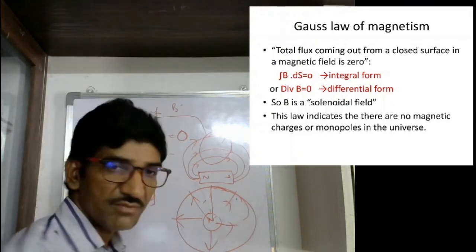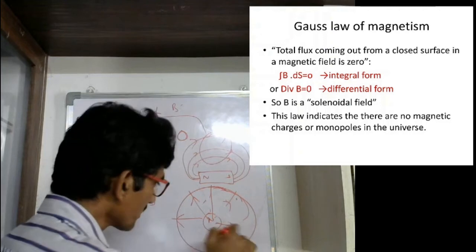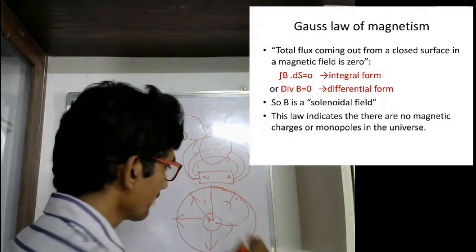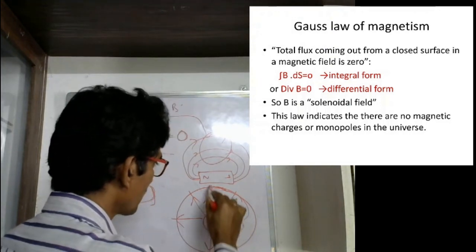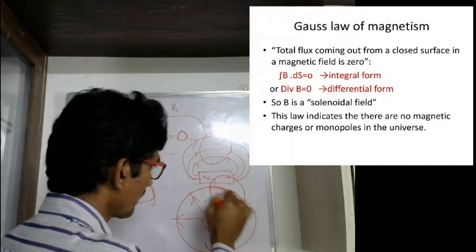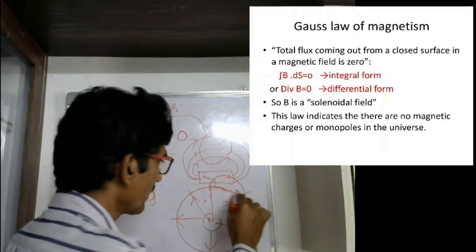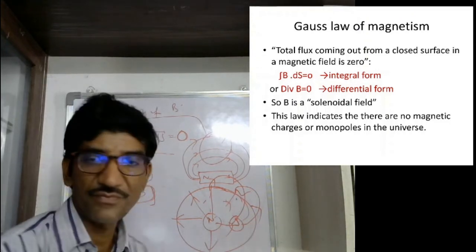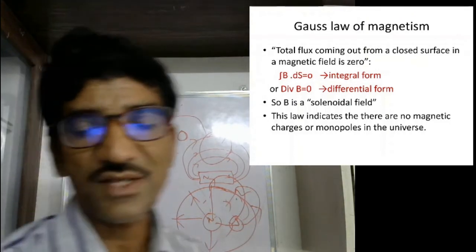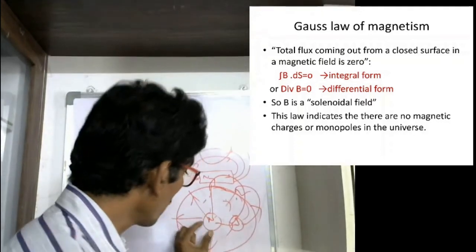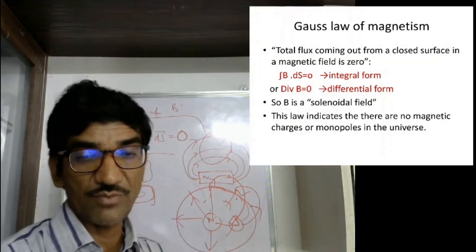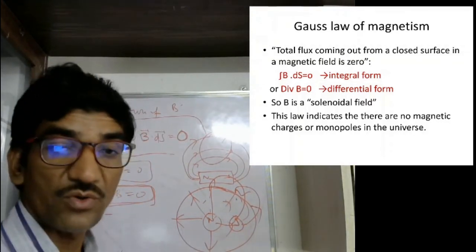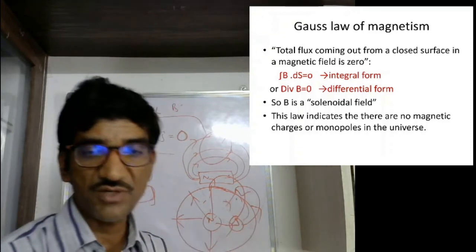But if you put a south pole here, what happens? This line goes out and comes in, going out and going in. What's the meaning of this? Total flux is 0. As long as you do not have a single pole or magnetic monopole, the net flux will always be 0.